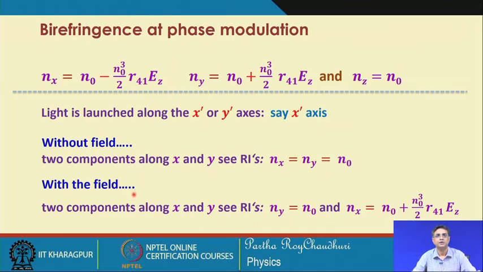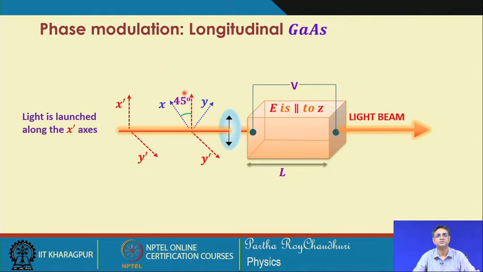So, without field there is no birefringence, both the lights along x and y will see this n 0, and with the field the two components of light along x and y will now become n 0 and n y, because there is no light along n y. So, you have injected light only along this axis.